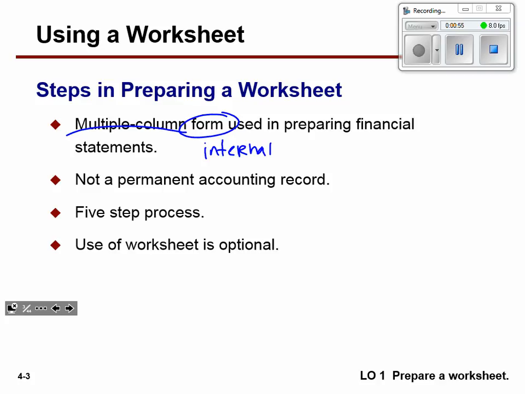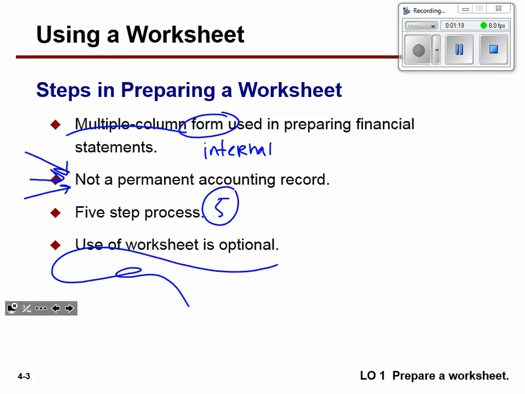It's a quick way to make sure your debits and credits equal and know what goes where, but it's not something that's permanent. It's more like, as its name implies, a worksheet. It's just to work through the numbers to make sure that they're going to work out. There are 5 steps. You could absolutely do financial statements without a worksheet, so using a worksheet is optional.